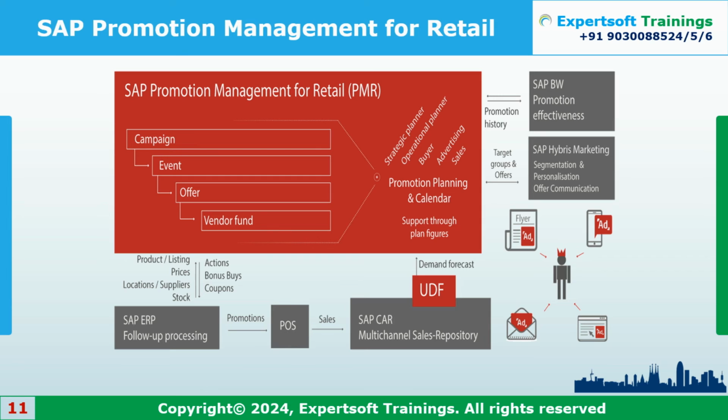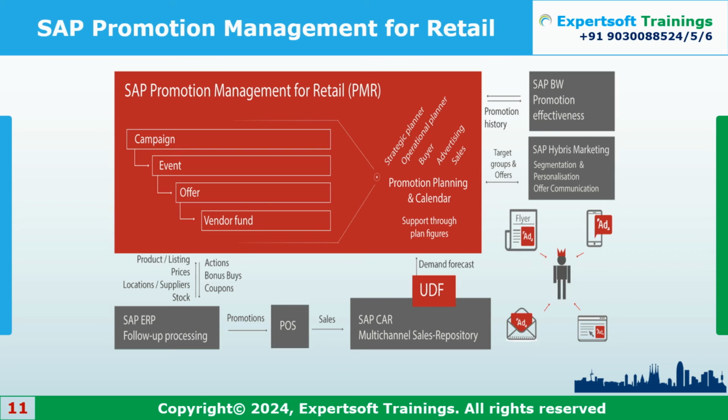Let's say you have a 2 for 1 offer, but it has to be there in the POS, because when the customer scans the product, that needs to come there in the POS system. If they scan three products, then the third product becomes free. That is why the promotions that we plan first in CAR and then create in ERP need to be sent to POS to be utilized. So that is how it needs to go to your POS systems.